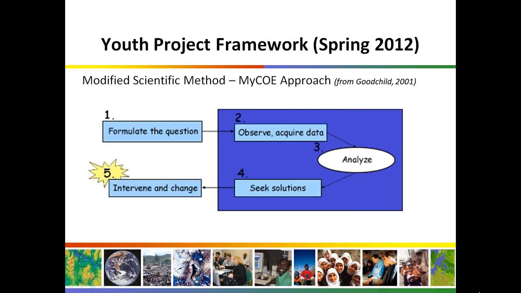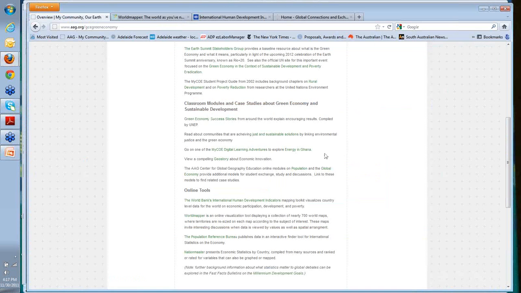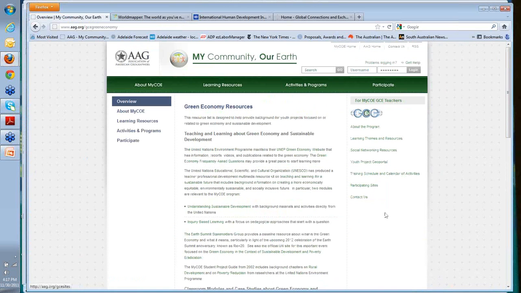So let's jump out of this PowerPoint and take a look at the page in the website, which is the Green Economy page.